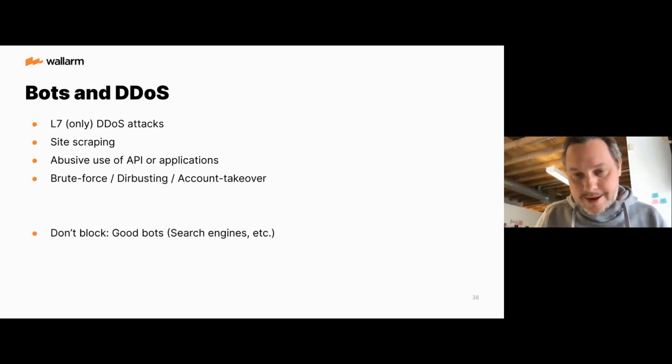And it's cool that you actually can protect against some of the L7 DDoS attacks. You can identify site scrapers, you can identify brute force attempts, and basically bots. And this is a hard topic. Like, I don't want to give you a false idea that you can effectively block everything out there.